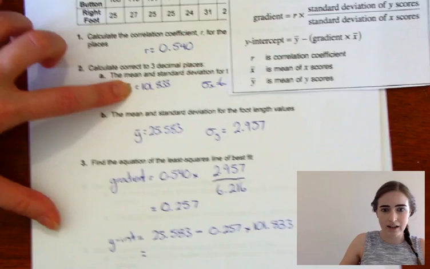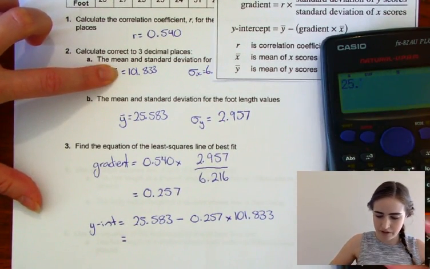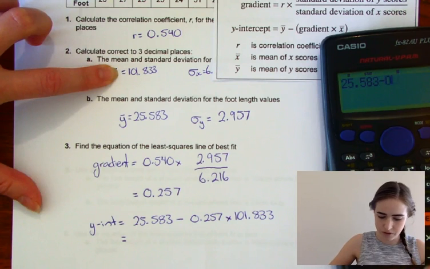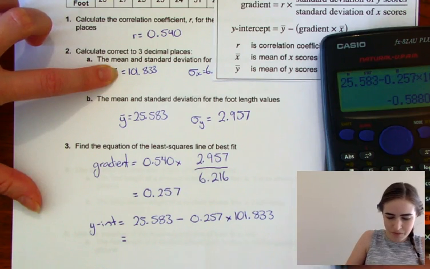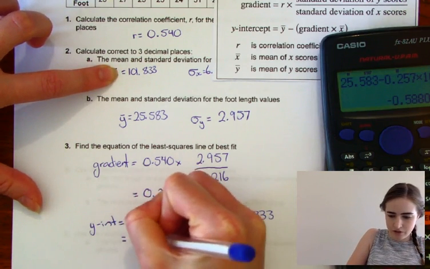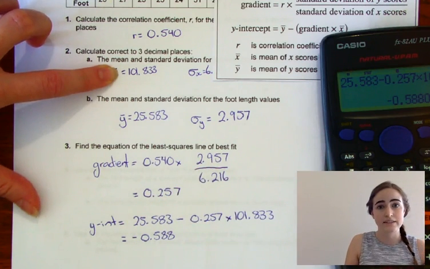And we've popped that in our calculator. So 25.583 minus 0.257 times 101.833. And we'll end up with minus 0.588 to 3 decimal places again.